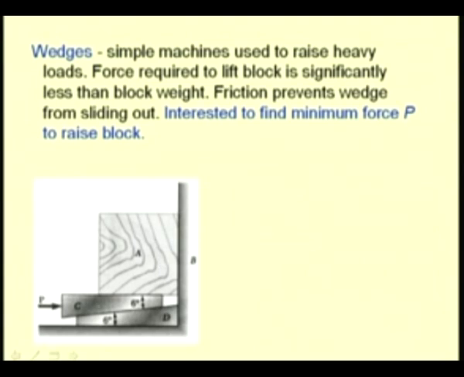Since the wedge tends to move in the direction from left to right, the frictional forces on these surfaces will oppose this motion, thus they will be acting from right to left. So, let us mark this on the free body diagram.